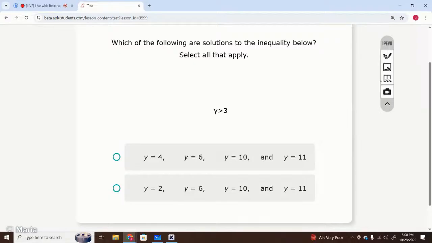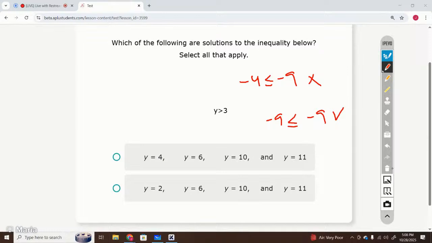Which of the following are solutions to the inequality below? Select all that apply. Y is greater than 3. So which of the numbers are greater than 3?